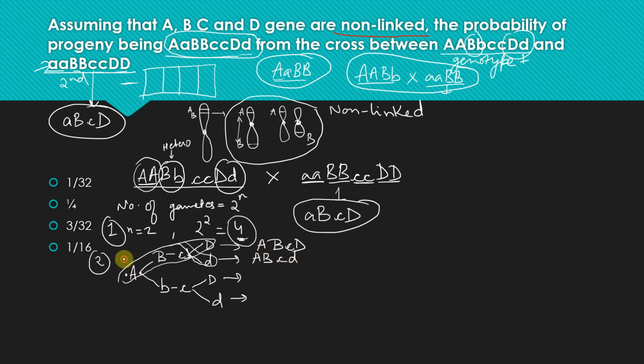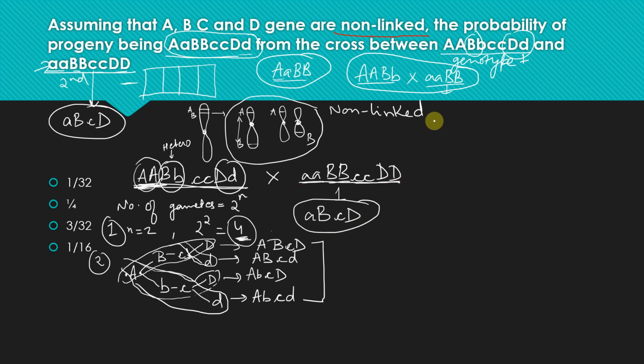Again the same way you can go this way also, so capital A, small b, small c, capital D, and again the same, but now diverted towards small d, so it is capital A, small b, small c, small d. So these are your four possible gametes which will be formed from this particular parent. And from the other parent we have already found this one gamete will be formed.